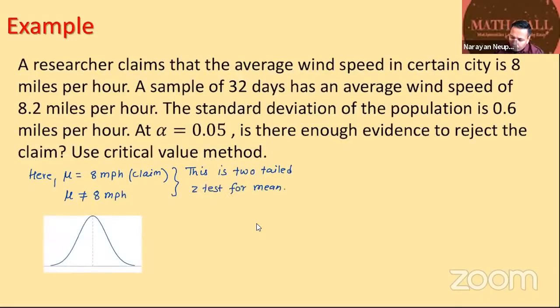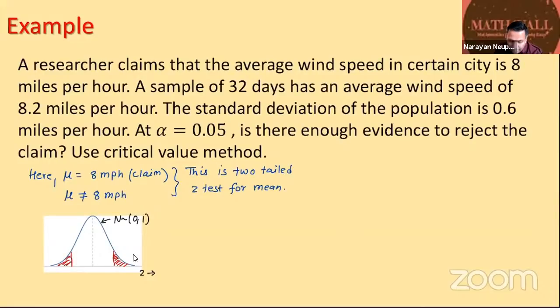Suppose that is my standard normal distribution, meaning the mean is 0 and standard deviation is 1. And along the x-axis, you have the z values. Because this is a two-tailed test, the rejection region is on the tails, so rejection region is on two tails like this.